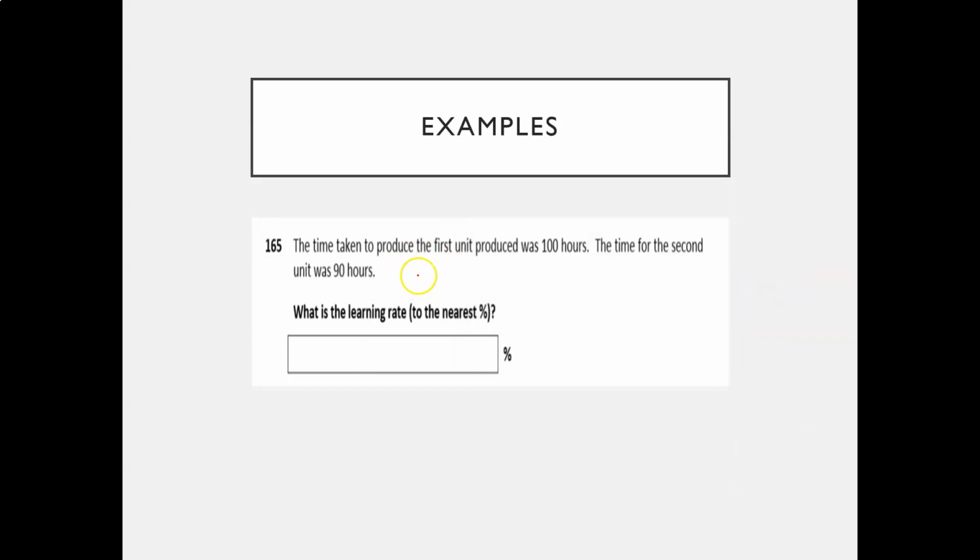Look at this one. They like to throw this in, so you have to be very careful. Remember, it's about cumulative average. The time taken to produce the first unit was 100 hours, and the time taken to produce the second unit was 90 hours. So the total time to produce the first unit was 100 hours, and so the average is 100.